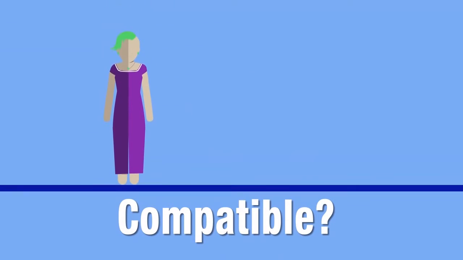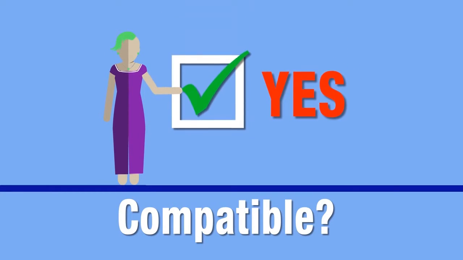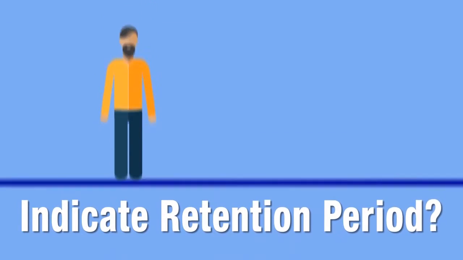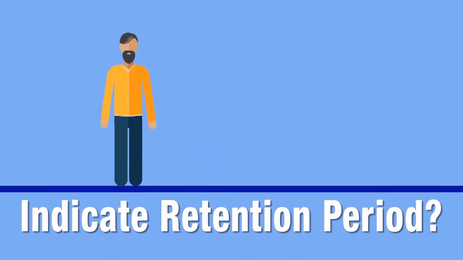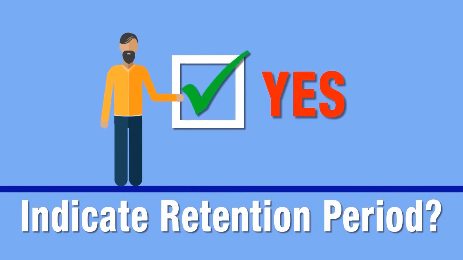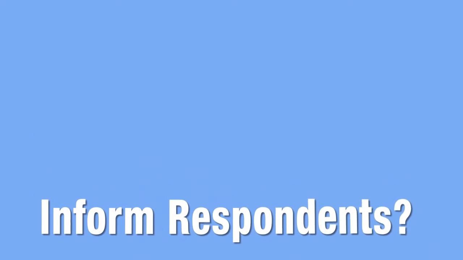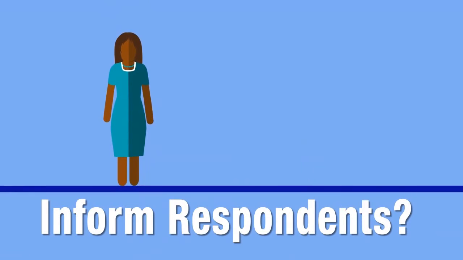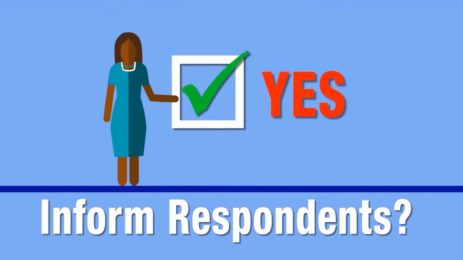Will implementation of the information collection be compatible with recording and reporting practices of the respondent? Does the information collection indicate the retention period for record-keeping requirements placed upon the respondents? Do the information collection instructions and instruments inform respondents of the information required under OMB regulations?